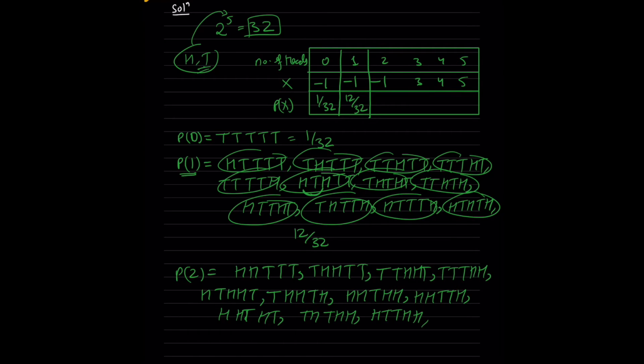So these are nothing but 1, 2, 3, 4, 5, 6, 7, 8, 9, 10, and 11. So that is nothing but 11 out of 32. So for 2 consecutive heads, the value will be 11 out of 32.